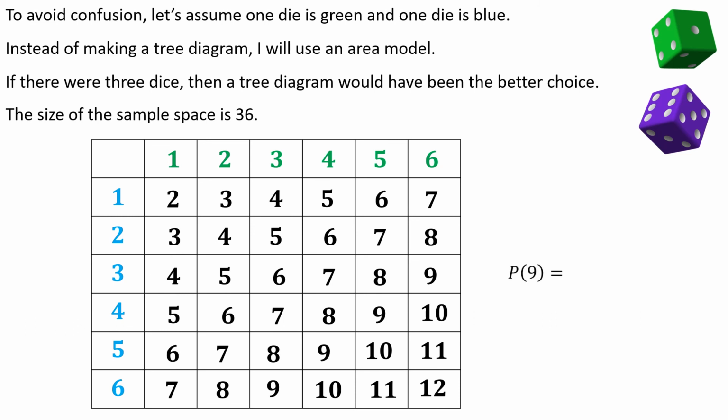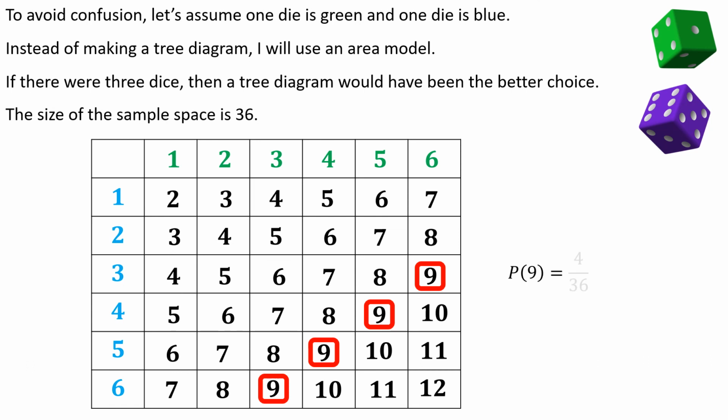Now, I want to know the probability of rolling a 9. Well, it looks like there are 4 different ways I can roll a 9. The green die could be a 6 and the blue could be a 3. Or I could have green 5, blue 4. Or green 4, blue 5.